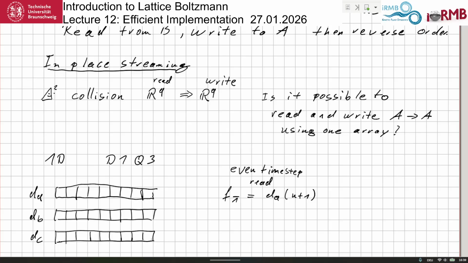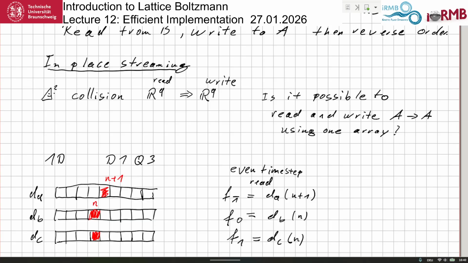Say n plus 1 is the one here. Then we read f0. f0 is the data B, and we read this at the position n, which is of course this here. And the next one will have f1, data C of n.